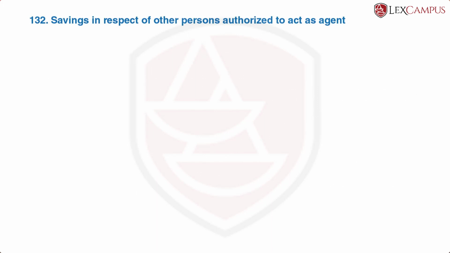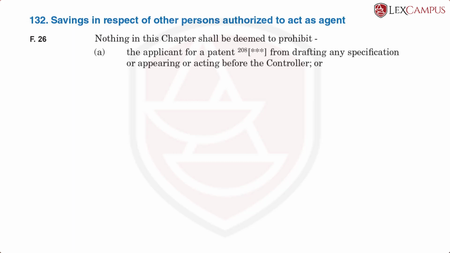We had already mentioned the only person who can represent a client before the controller is a patent agent, but there are two exceptions to that provision. Obviously, an applicant for a patent can do everything that is required to file, prosecute and to get patents granted. So, this is the do it yourself way.